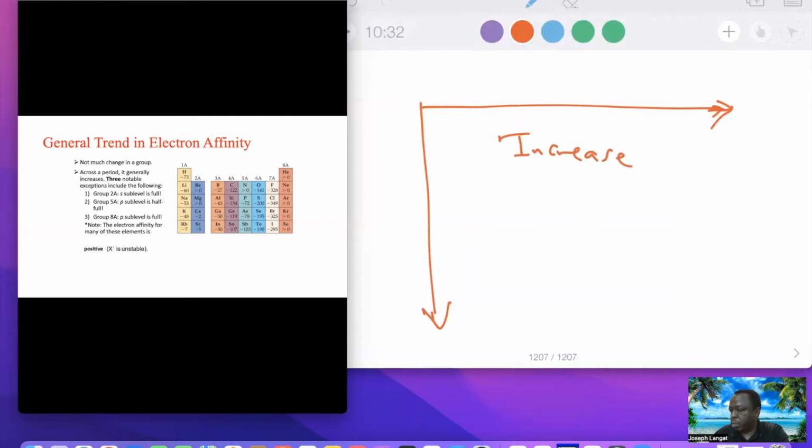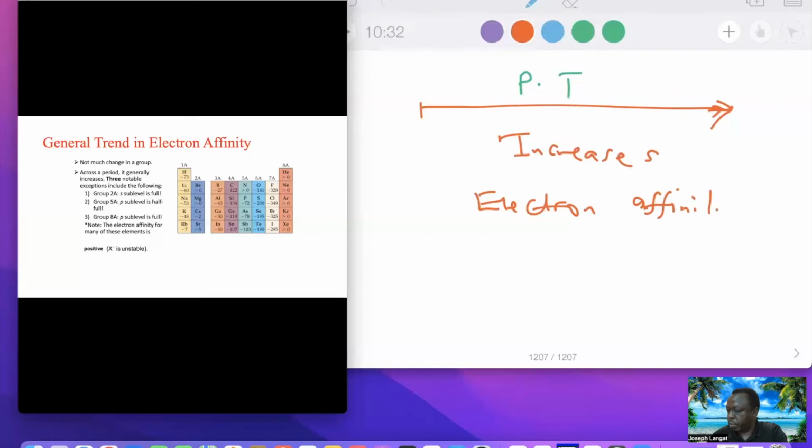So to avoid confusion, we can just say that electron affinity increases as you move from left to right on the periodic table.